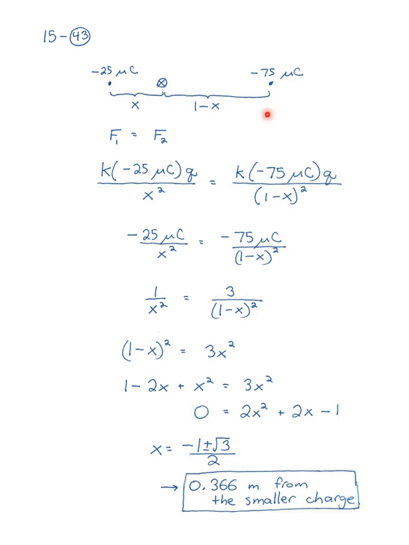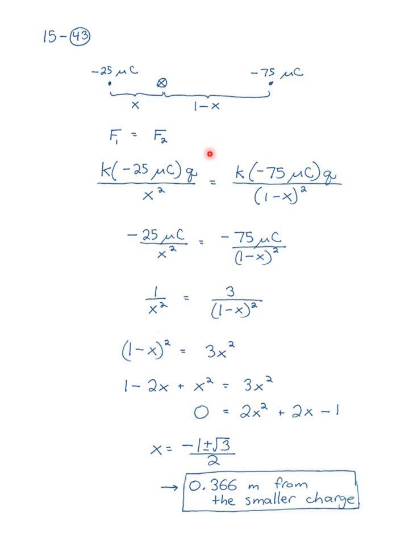And now we're going to let the absolute values of their forces be equal. So F1 equals F2, meaning the force that our mystery charge is being pulled on by the negative 25 microcoulombs is equal in absolute value to the force that it's being pulled on by the negative 75 microcoulombs.